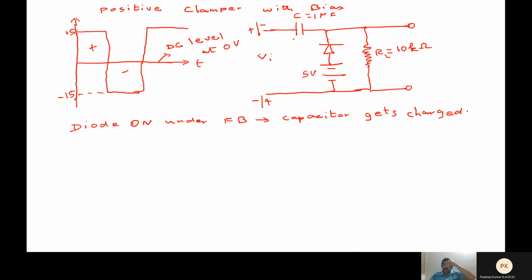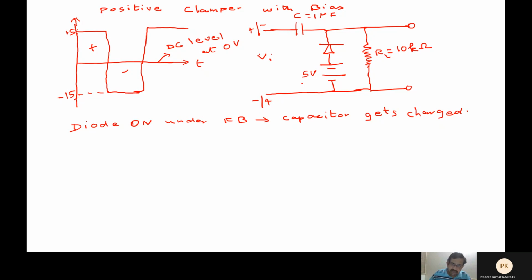Now the point here that you must remember is the RL value is very high, okay, and the input signal alternates at a faster rate. See, if at all there is a charging on the capacitor, there could be minimum charging, but with opposite polarity.